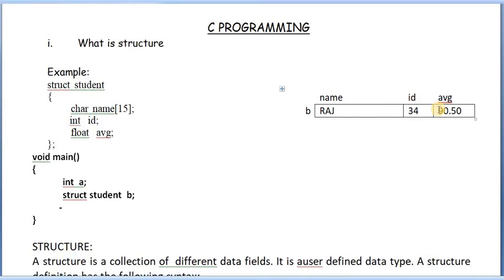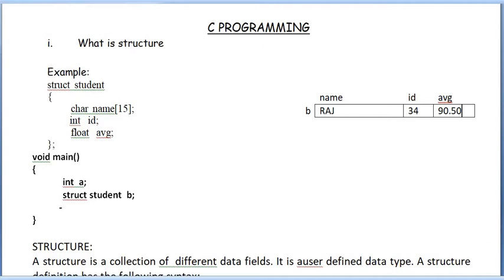The structure is a user defined data type. It is a collection of fields with different data types. Once you define the structure, you can use it as a data type. The advantage of structure is that we can store a collection of fields with different data types using a single name. It means a complete record can be stored using a single name as one location.